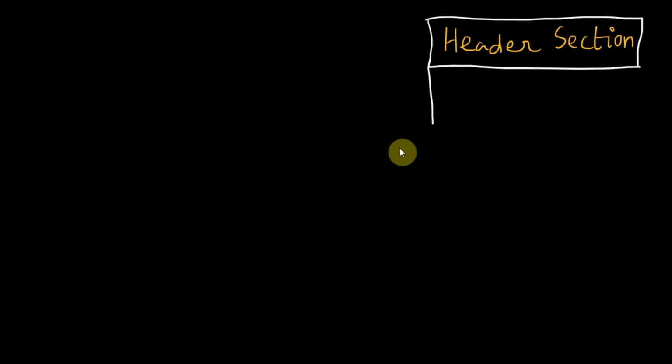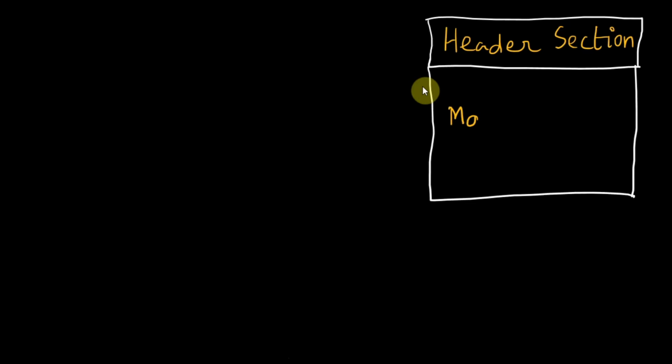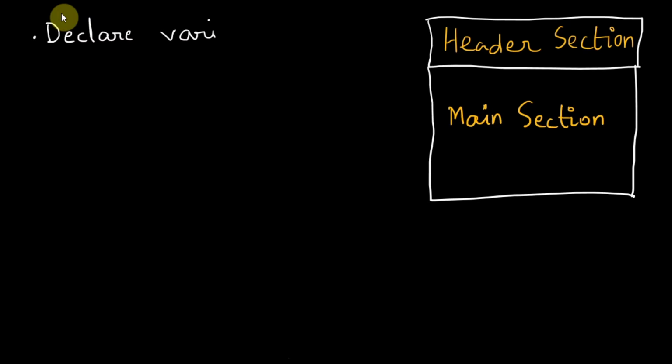The second section from the top is the main function or main program. It is where you write your main source code. In the main function, first you need to declare variables and functions with their data types. The functions are the same ones you declared in the header section with type and parameters.